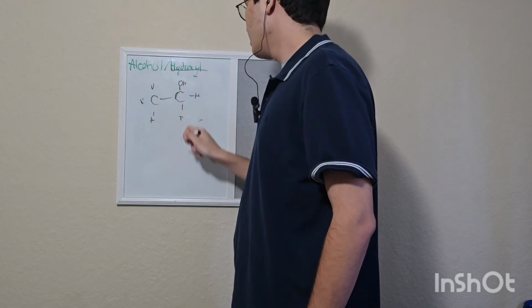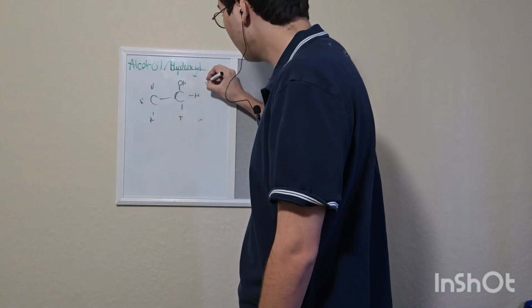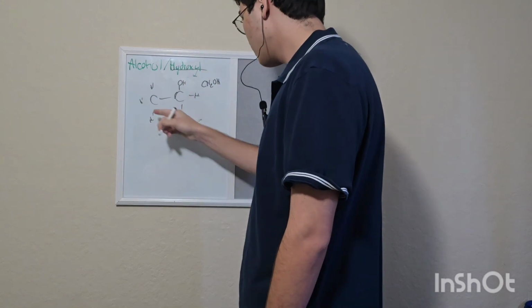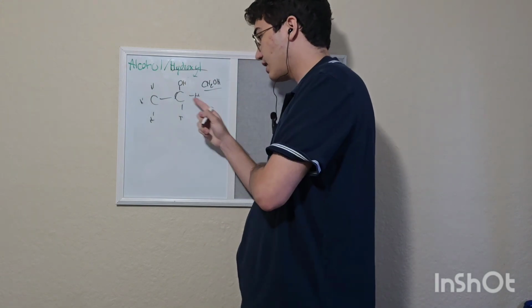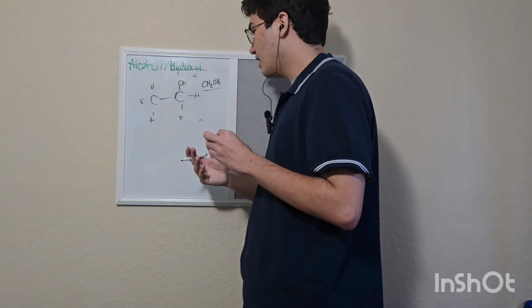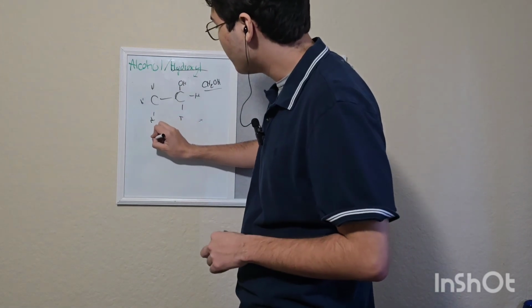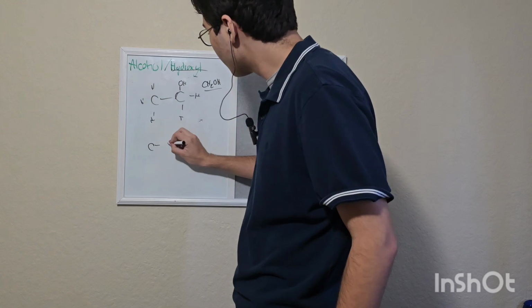As you can see, this alcohol is connected to a single C, which will be represented by CH2OH. So if it has this, it's a primary because this carbon has a lot of hydrogens, and it's very reactive, by the way.